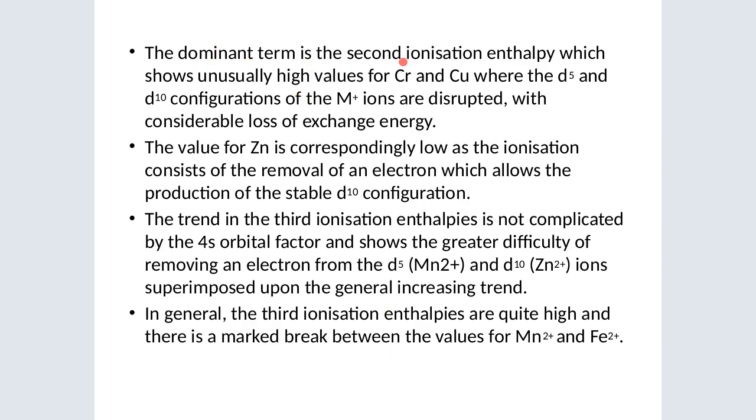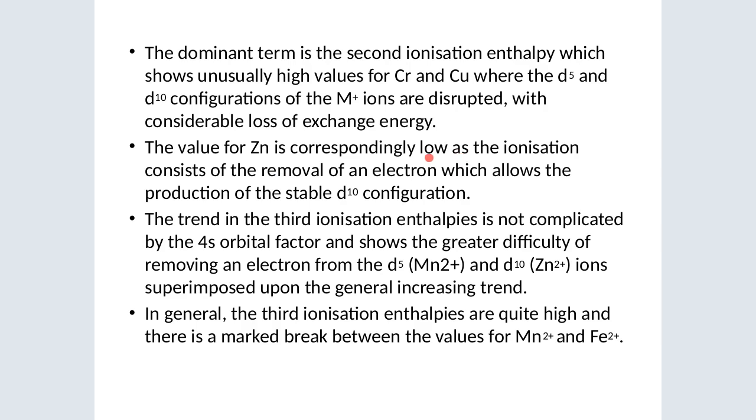The dominant term in the second ionization enthalpy, which shows usually high values for chromium and copper, is where d5 and d10 configuration of the M+ ions are disrupted. So if you disrupt that, it means you are disrupting stability, so you need a lot of energy to do that.